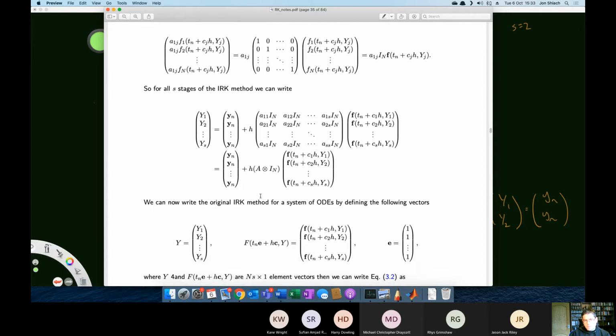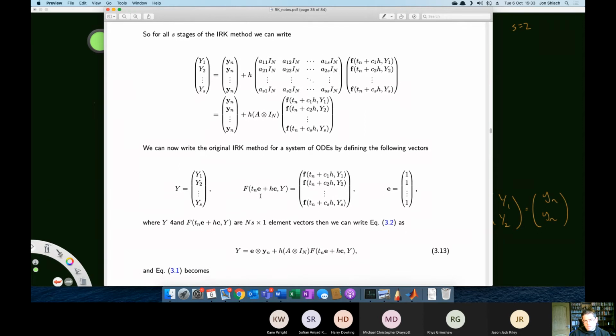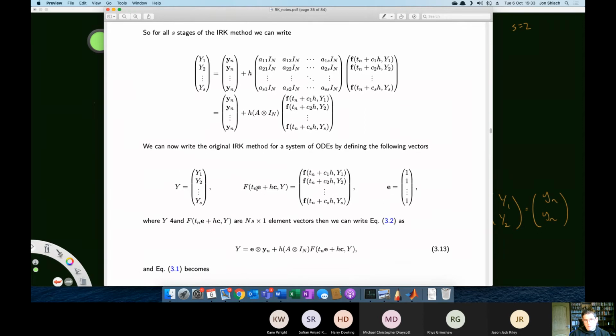Okay, so we can now write our implicit Runge-Kutta methods using tensor products and using vectors. We're going to define Y, our vector of stage values. Remember, each of these, y1, is also a vector of size big N, where big N is the number of equations in our ODE system.